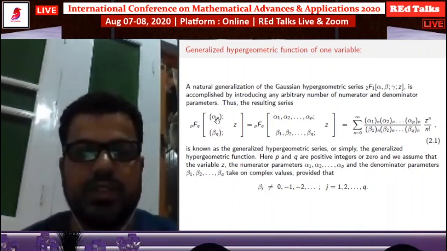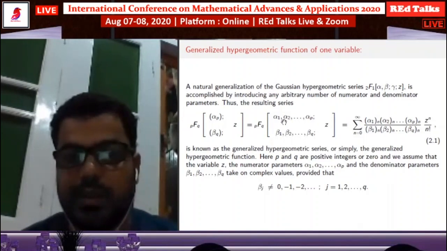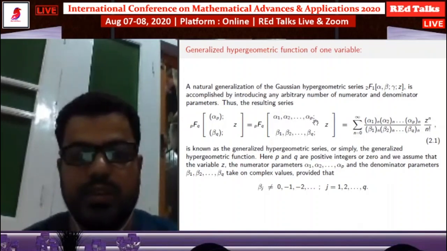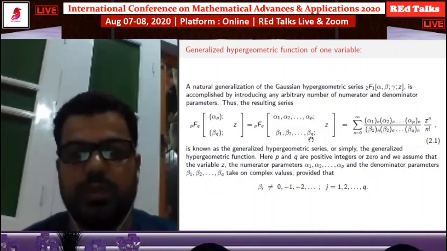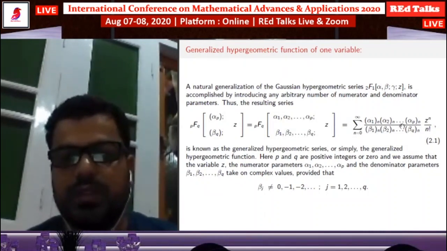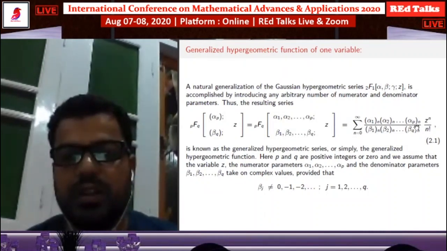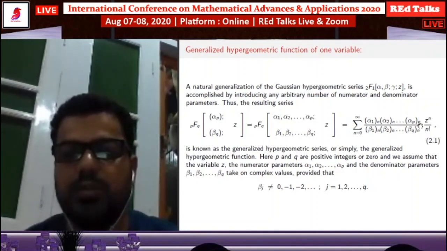In this function given as pFq, p is the number of numerator parameters and q is the number of denominator parameters. In the hypergeometric approach, we can write it as pFq with alpha 1, alpha 2, up to alpha p, and denominator parameters beta 1, beta 2, up to beta q, which is further equal to, in summation form, alpha 1 of n, alpha 2 of n, up to alpha p of n.